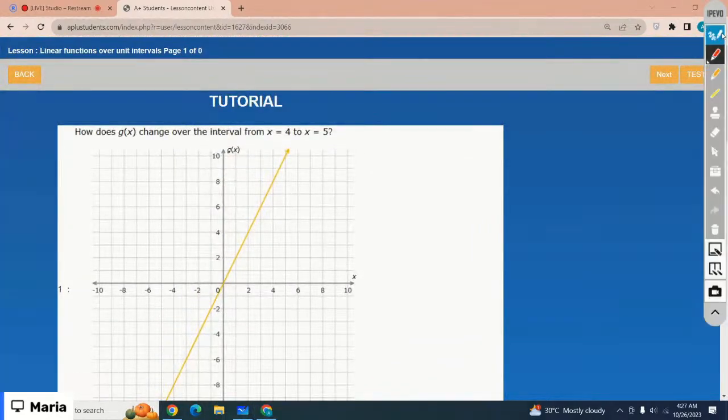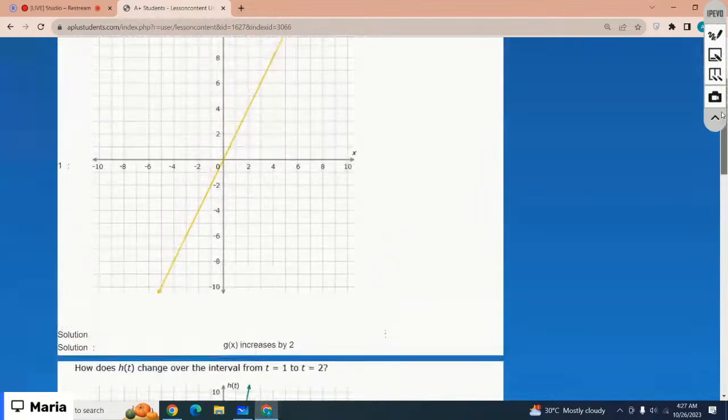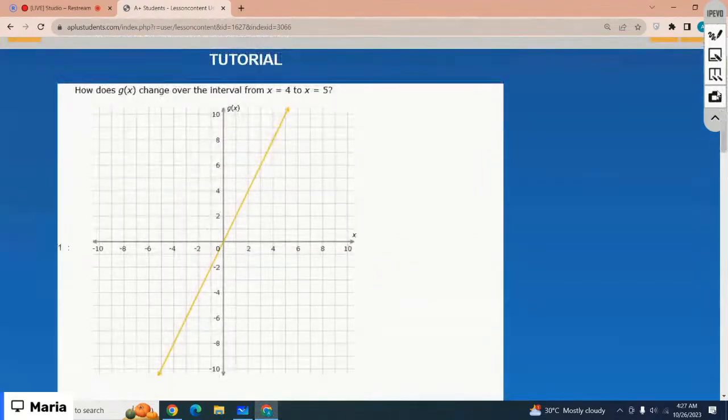Okay, here is x equals 4. When x equals 4, y is 8. Okay, when x equals 5, y is 10, right? Does g of x increase by 2?